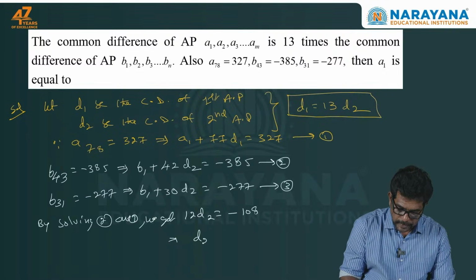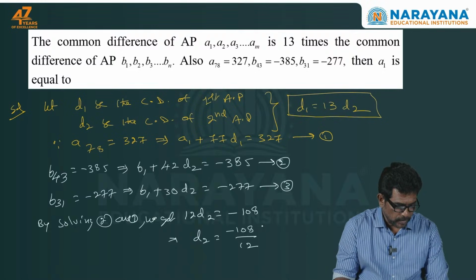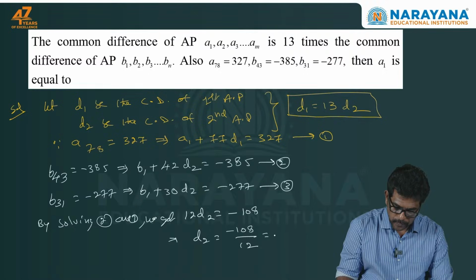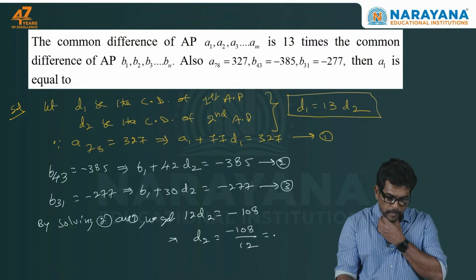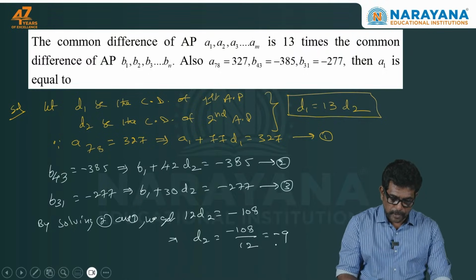So from this, D2 is equal to minus 108 by 12, which is minus 9. D2 is equal to minus 9.